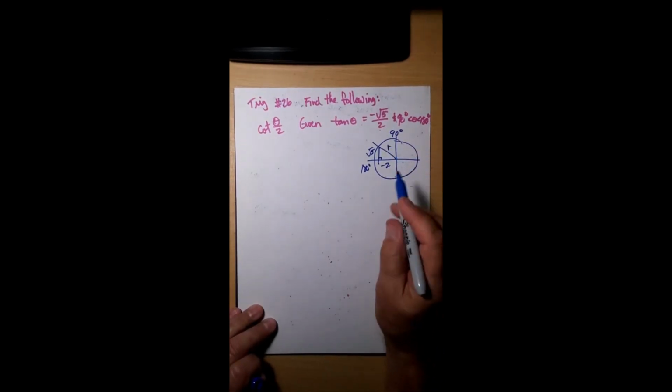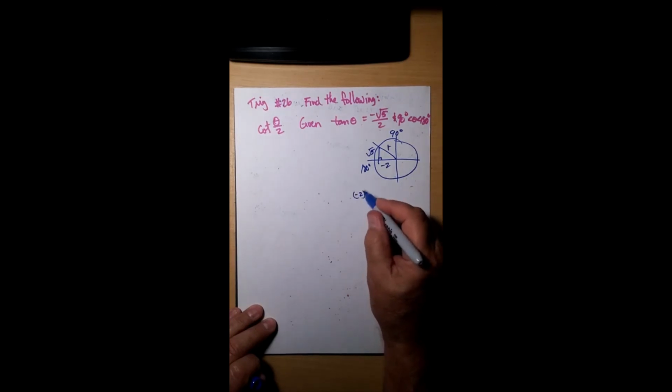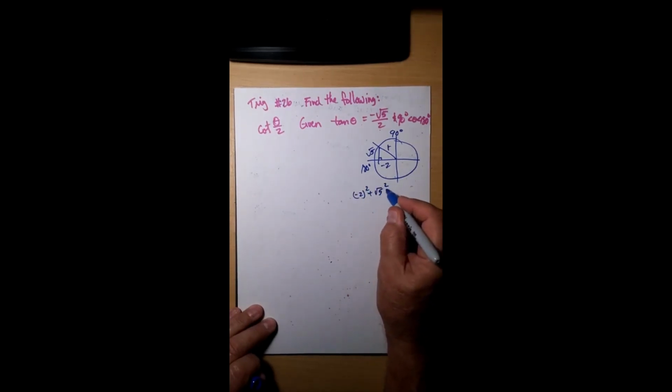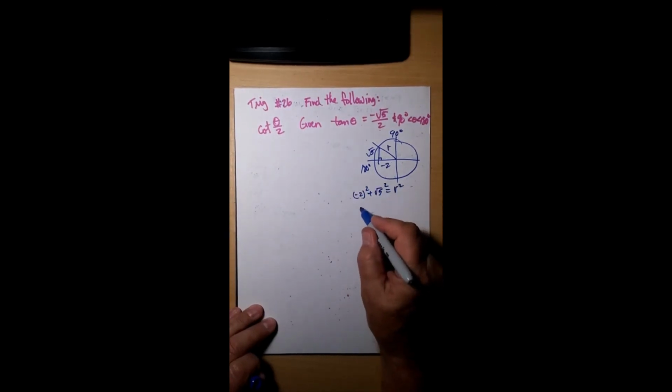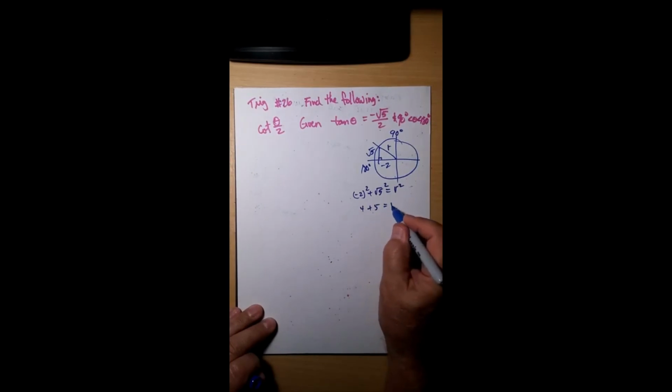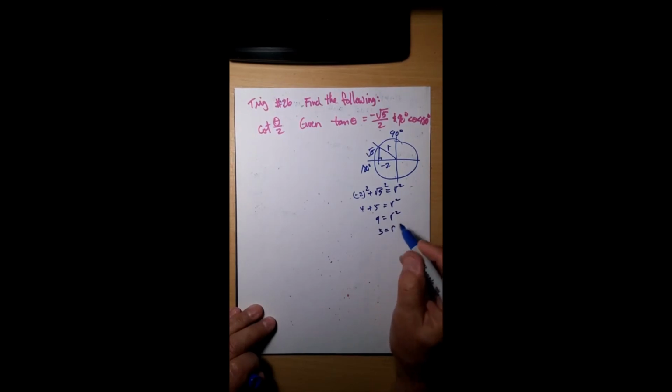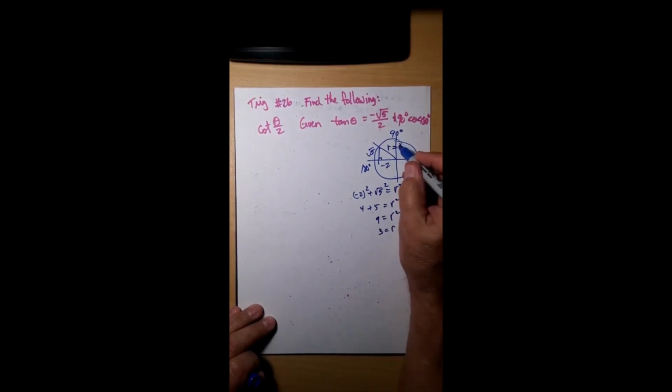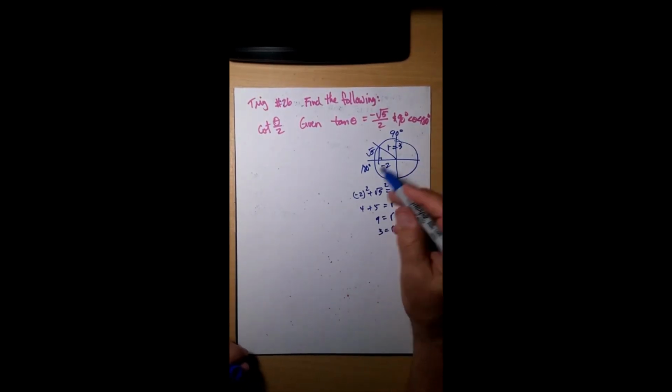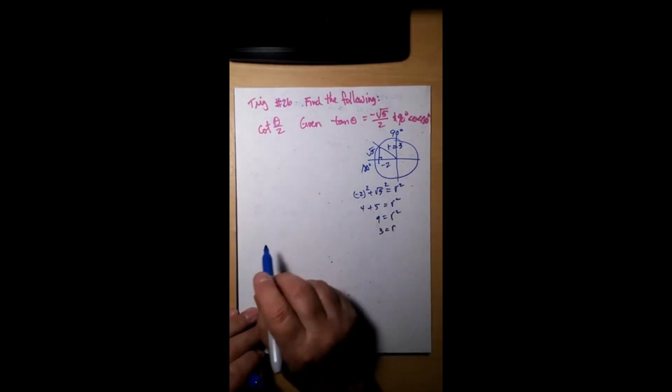And r is what we need to find. So negative 2 squared plus the square root of 5 squared is r squared. This is 4 plus 5 is r squared. 9 is r squared, so 3 is r. And r is always positive.